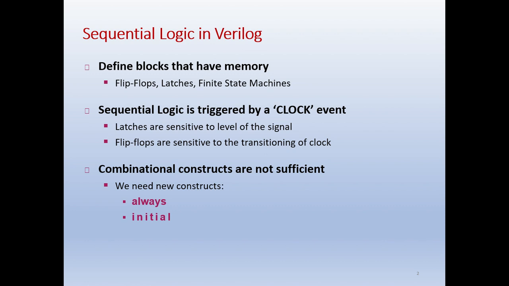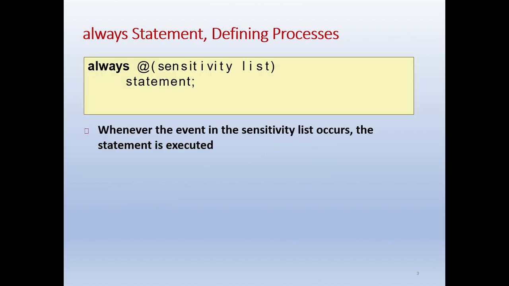So like this, for sequential logic we need some conditional statements, the always statement, and in some parts we also use if else statements. The always statement defines a process, and here we have to give a sensitivity list.